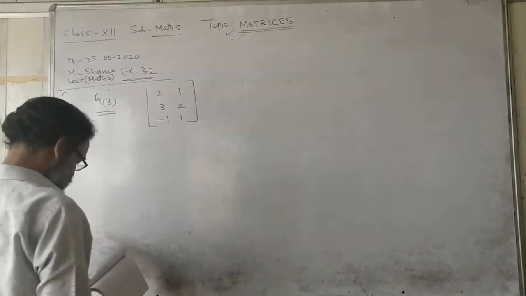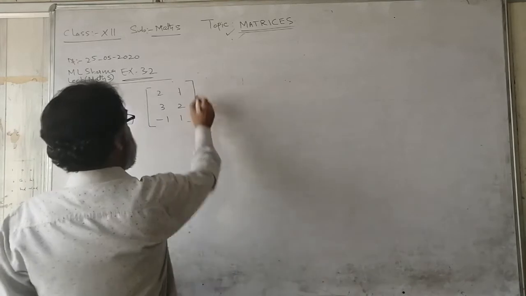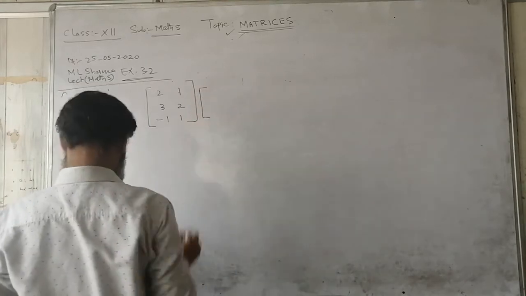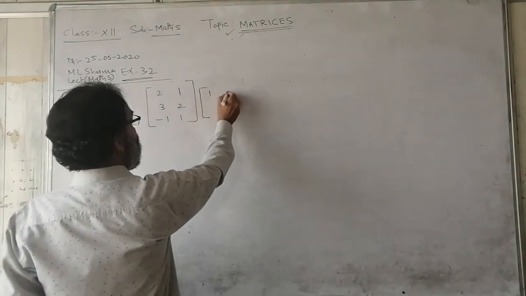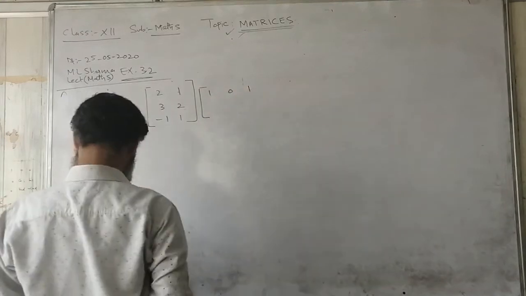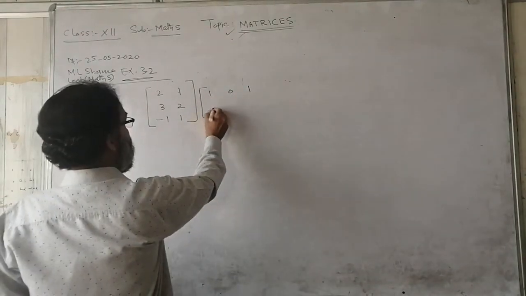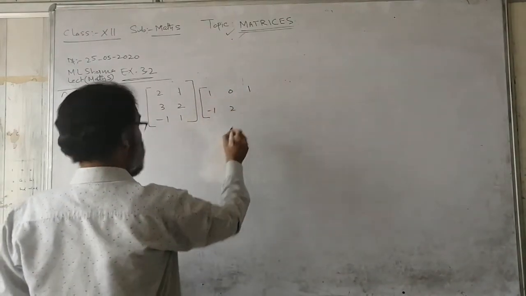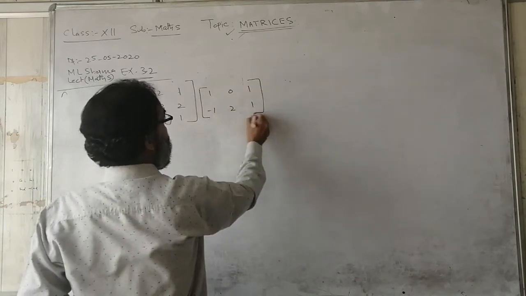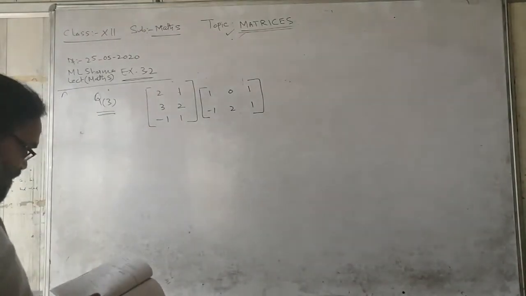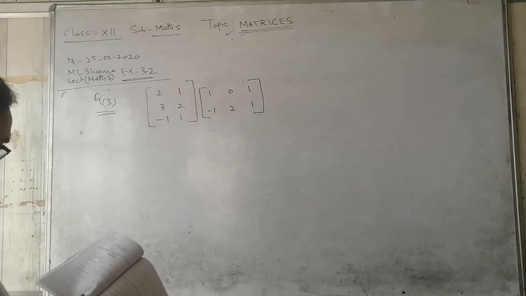These are the first matrix's elements. Then the second matrix is 1, 0, 1, minus 1, 2, 1. So these are the two matrices to be multiplied.